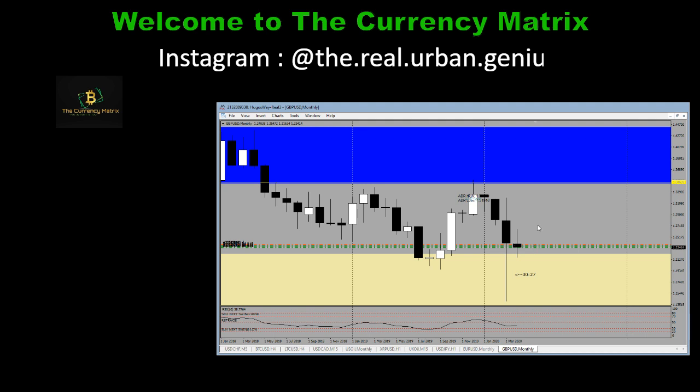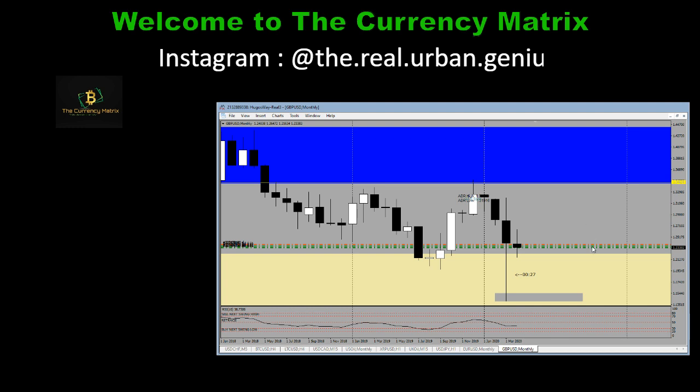So, with that being said, we know this area here is definitely a prime target at this moment before moving back up into this area to the upside. We know the bears are going to retest this.